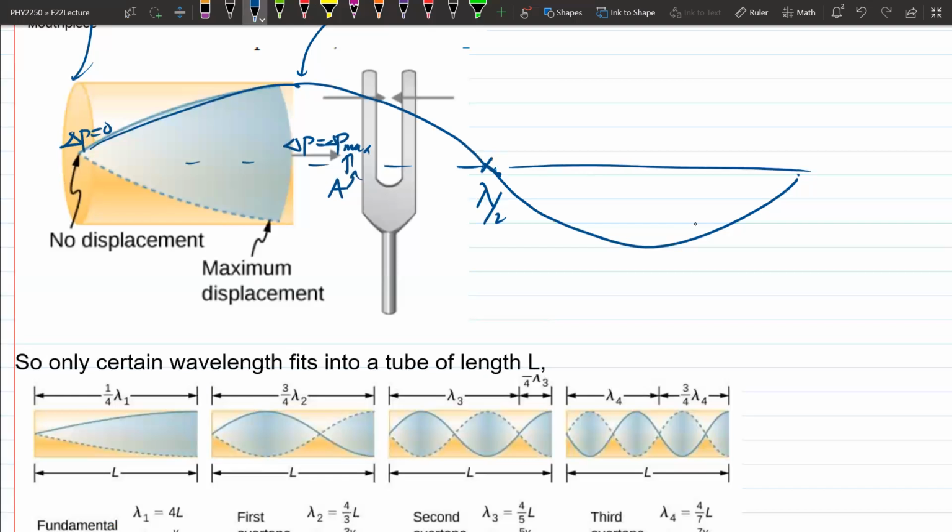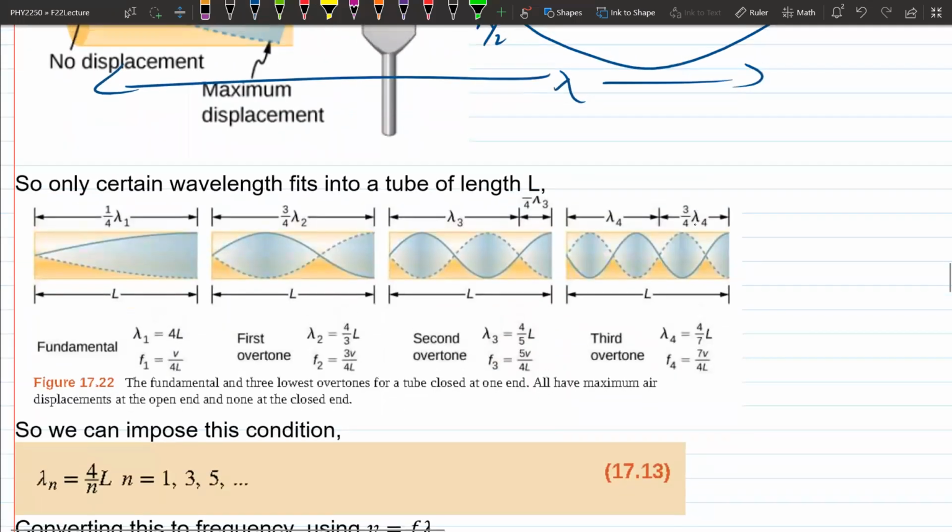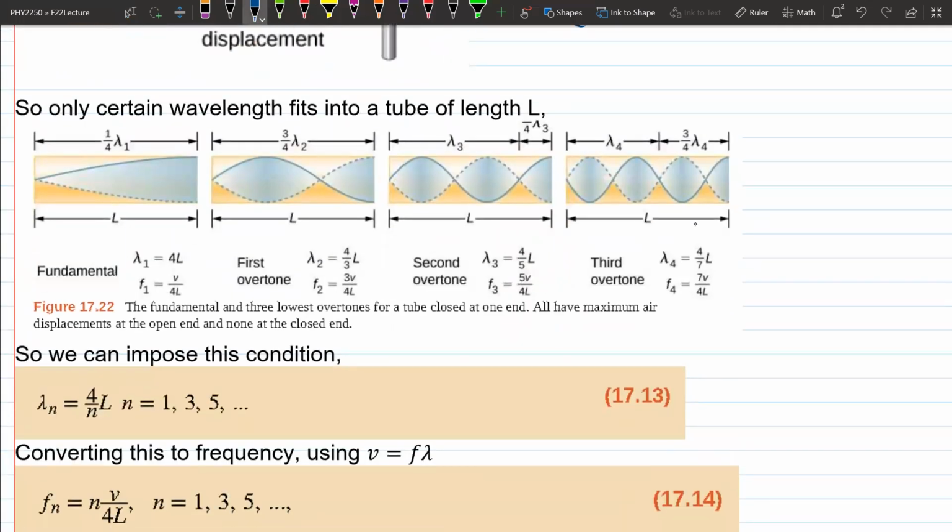And then if I complete the wave, I get the full wavelength, right? So what actually fits in the tube is 1/4 of the wavelength. Does that make sense? Therefore, the condition that a clarinet, an open-closed tube system, is enforcing is that the wavelength that fits into that tube is 1/4 of the wavelength.